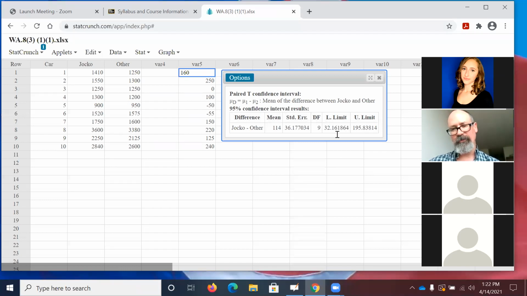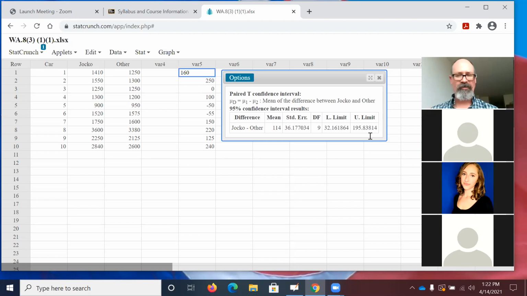When you look at 32 to 195, what you're saying is this: I don't know exactly what Jocko is overcharging on average, but it is reasonable to think that the overcharge is between $32 and $195 per car. Does that make sense? Yeah, it does. Thank you. And that's the way that you want to think about that interval. I think that's a productive way of thinking about it.